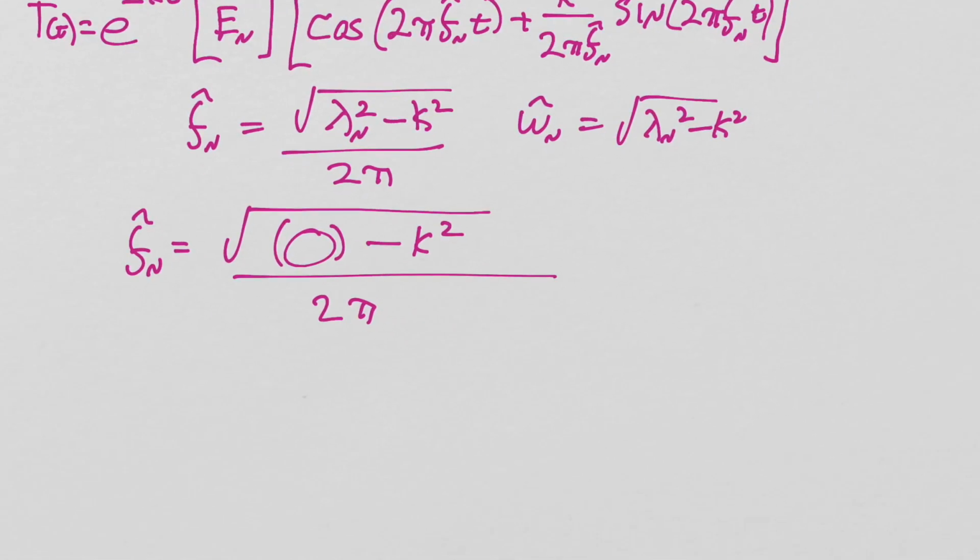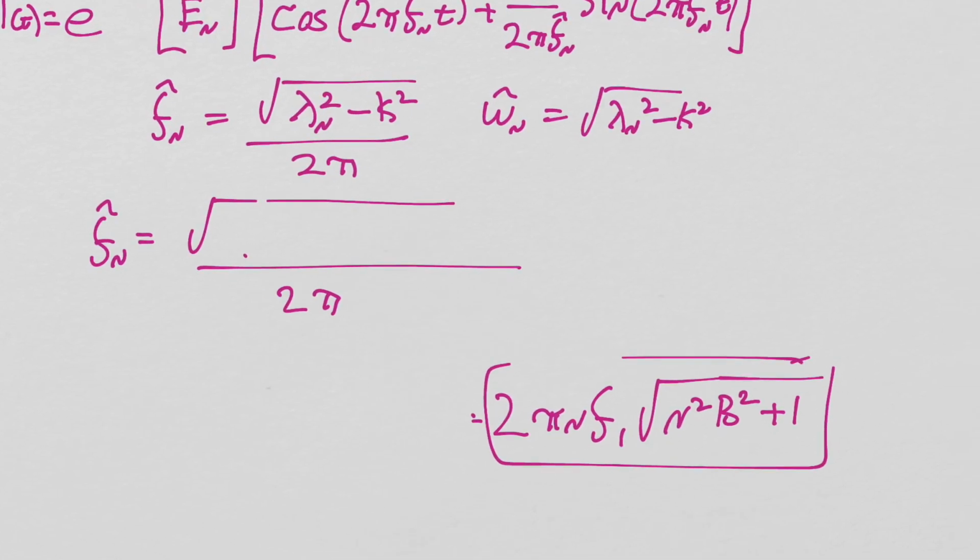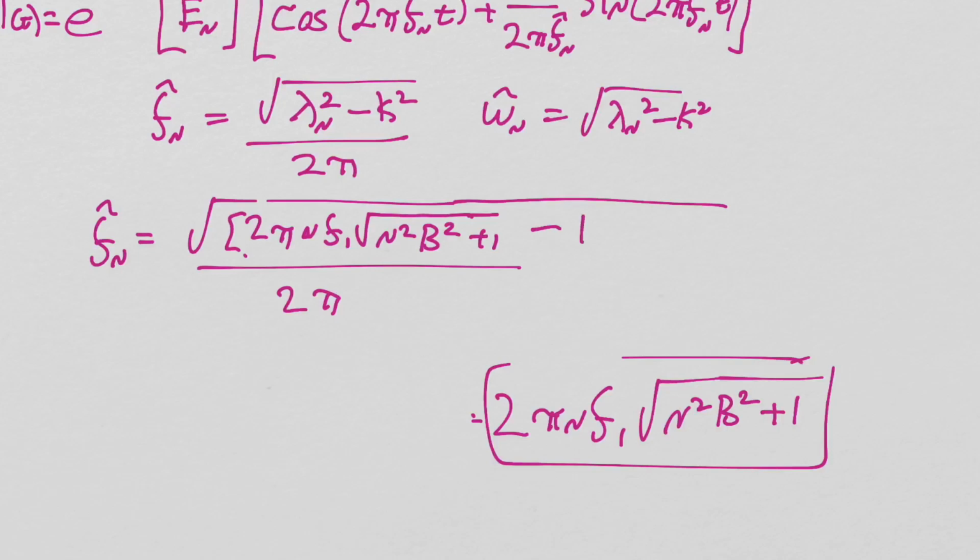So with this, I'll paste this down to remind us what it is, and we will go ahead and just put it right in. And it's 2 pi n, the harmonic frequency, times the square root of n squared, inharmonicity constant squared, plus 1, minus the damping constant squared, all over 2 pi.